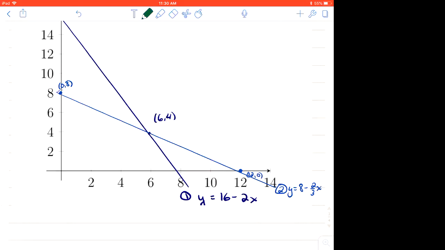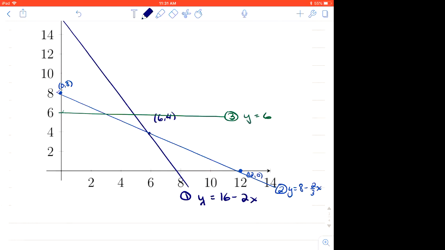We'll see if this is straight or what. Equation 3 is y equals 6. Okay.